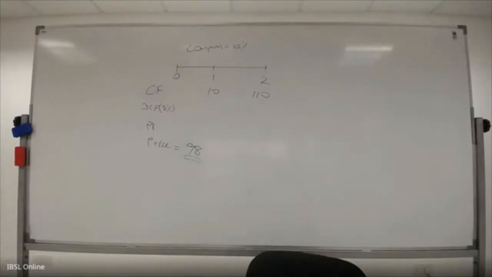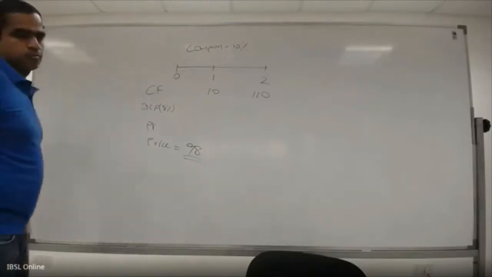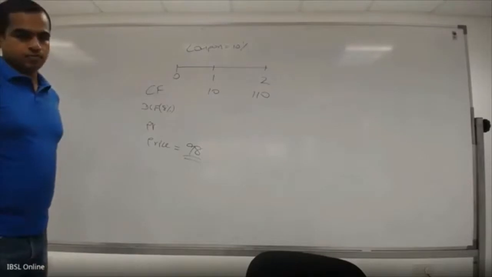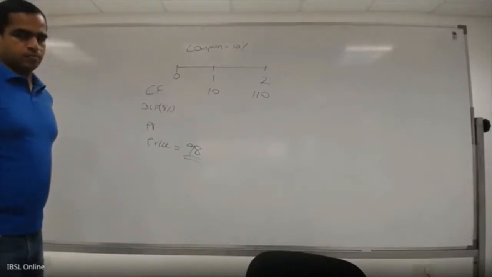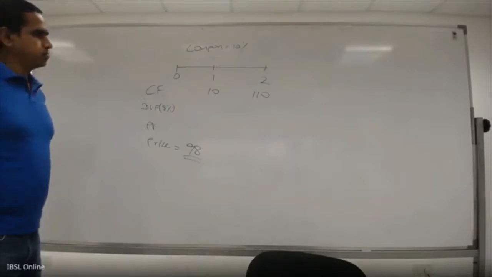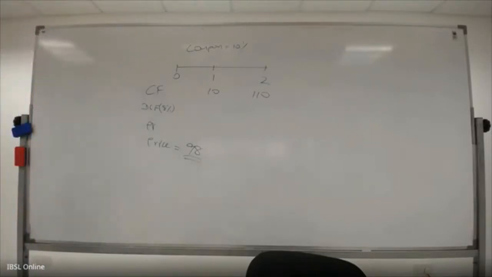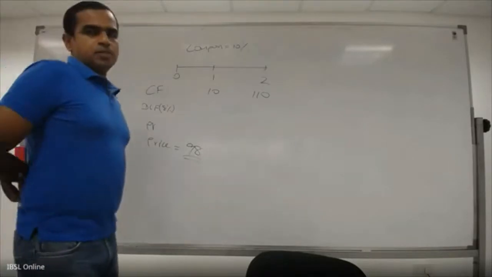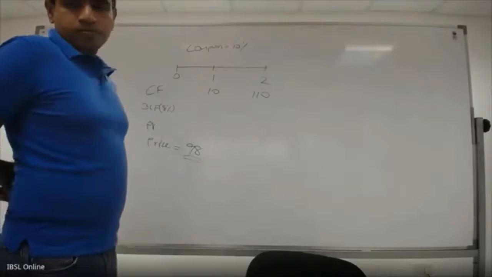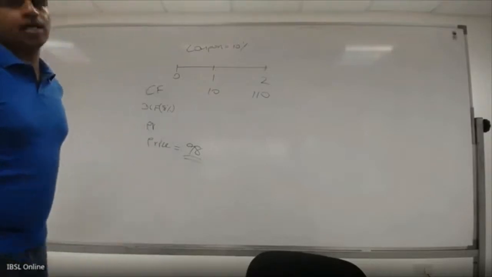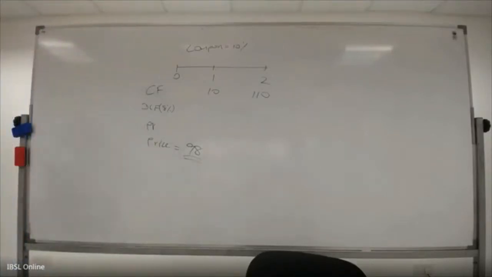Can we end up with a price of 98? Yield is 8%, coupon 10. Right. Can we get a price of 98? Face value 100.